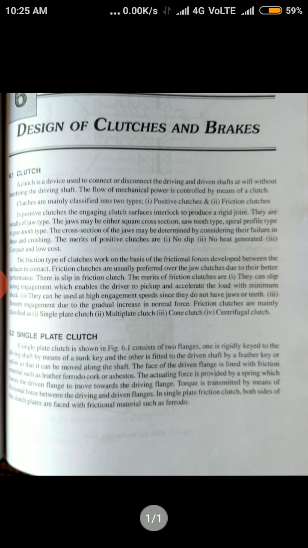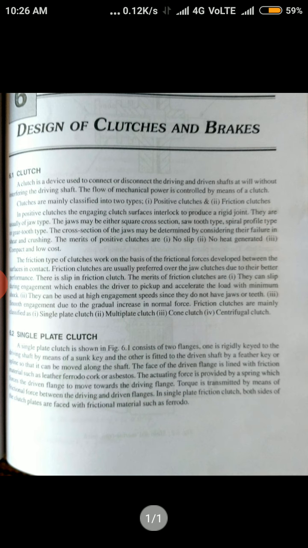In a single plate clutch you have two circular flanges. One flange is attached to the driving shaft and the second flange is attached to the driven shaft. The driven shaft flange connects to the driving shaft by means of a spring force. Because of the friction between the driving and driven flanges, the torque is transmitted.